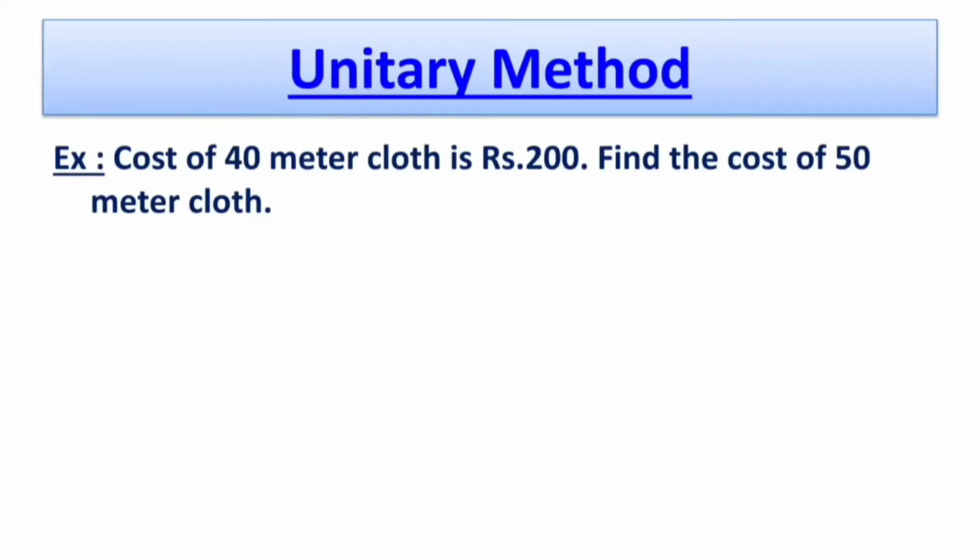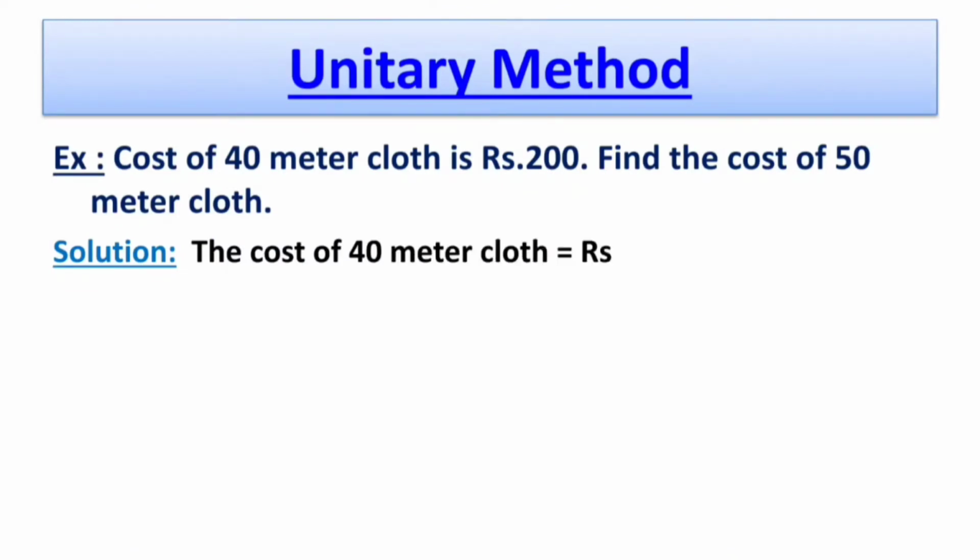Now, the next problem is: cost of 40 meter cloth is rupees 200. Find the cost of 50 meter cloth. Again, we have to write down the given, and the given is the cost of 40 meter cloth equals 200 rupees.